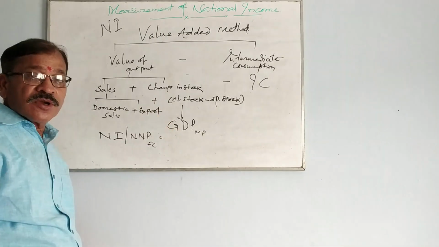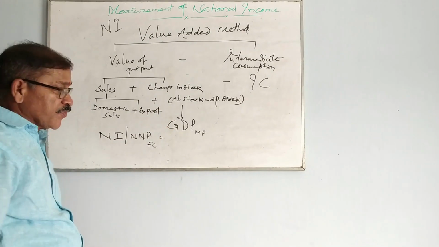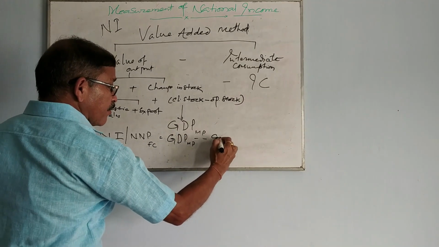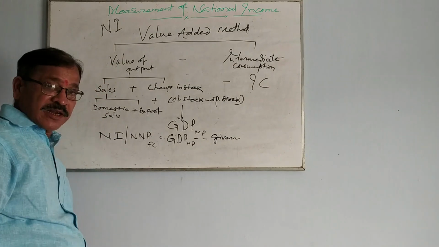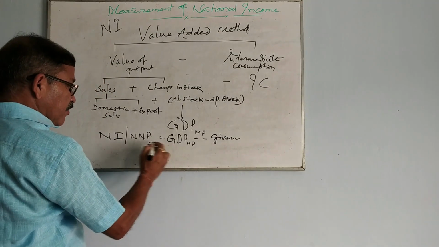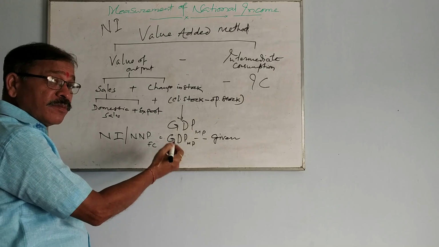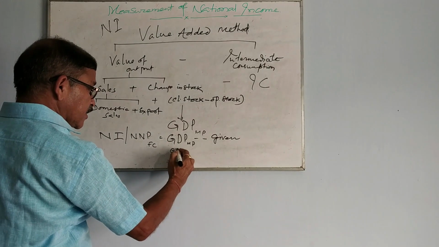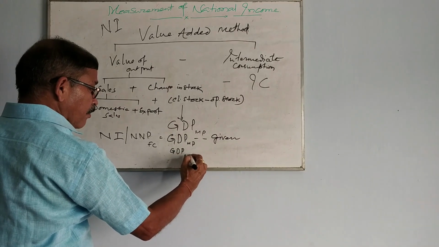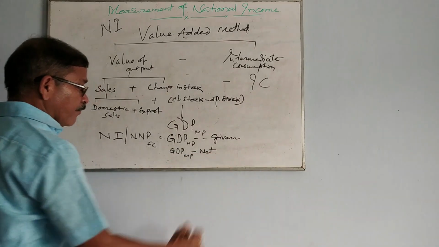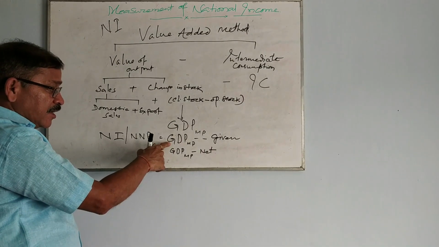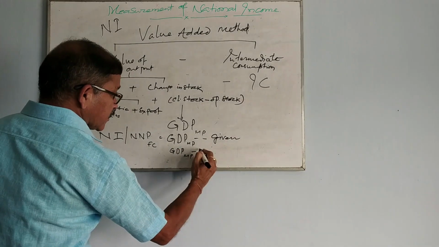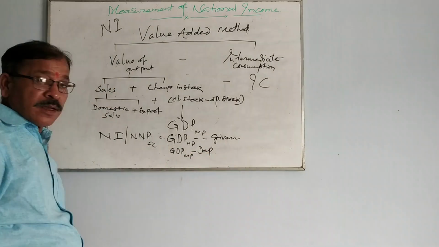What you have derived? You have derived GDP-MP. So now you have to find out NNP-FC. GDP, G is given. Go by letter. You have to find out net. That means GDP-MP minus depreciation.